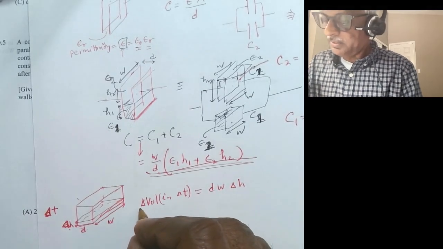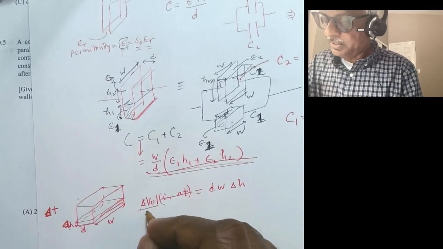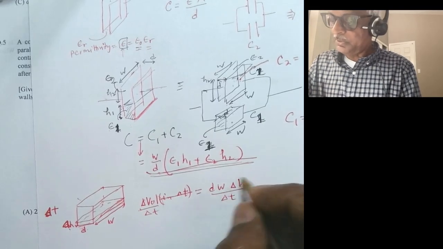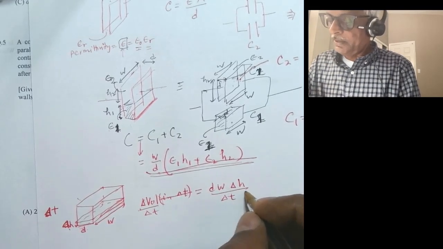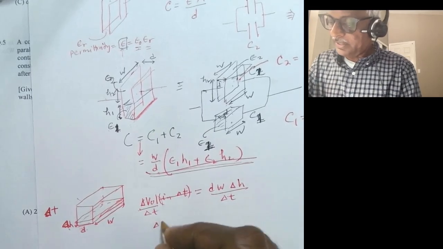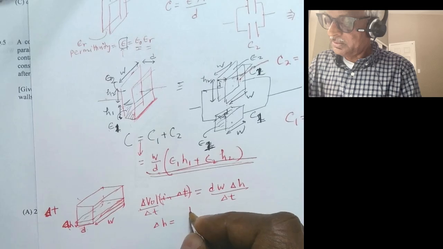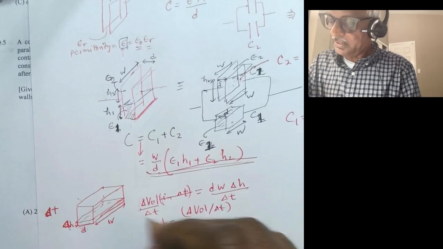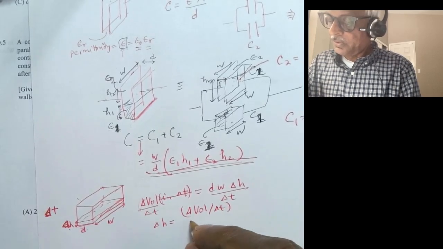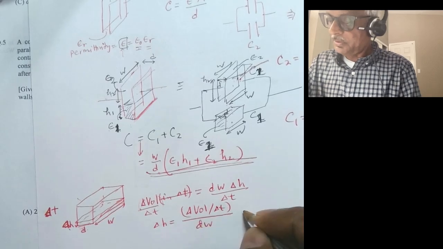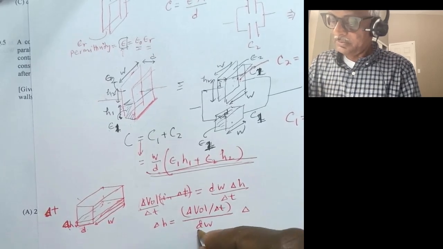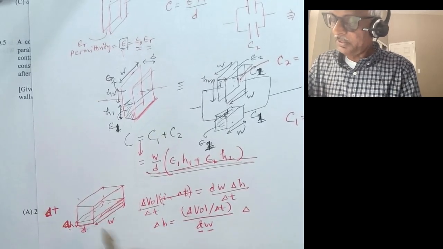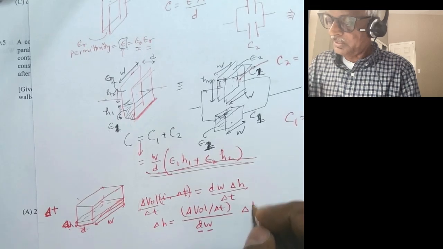So if I divide by delta t, that tells you what the rate of delta h is. Delta h will be just delta volume over delta t, the rate, over dw, where d is the separation and w is the width, times delta t.